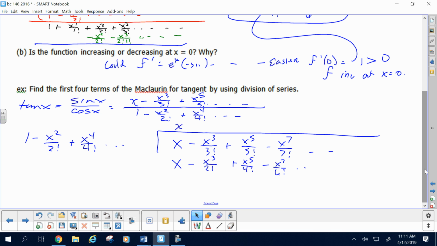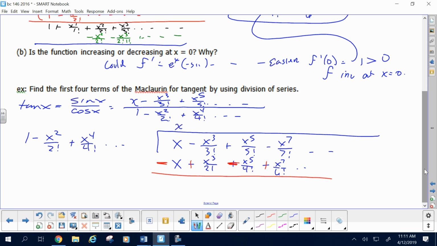In the long division algorithm, after I multiply, what do I do with that? Subtract it. So I change every sign, draw the line, and work rightward. X minus x is nothing. Negative x cubed over 3 factorial plus x cubed over 2 factorial.